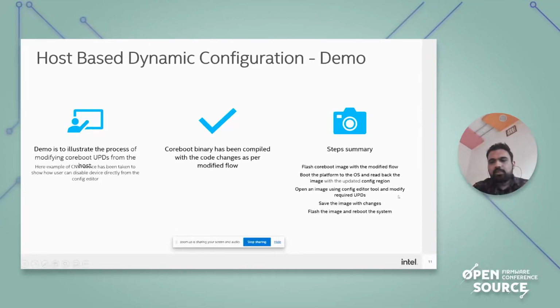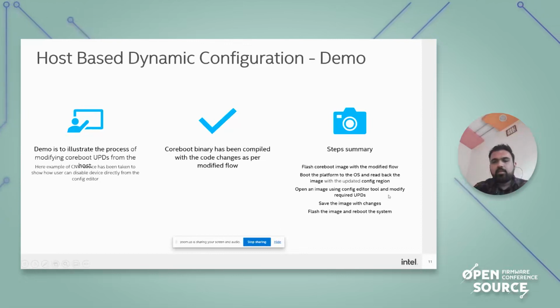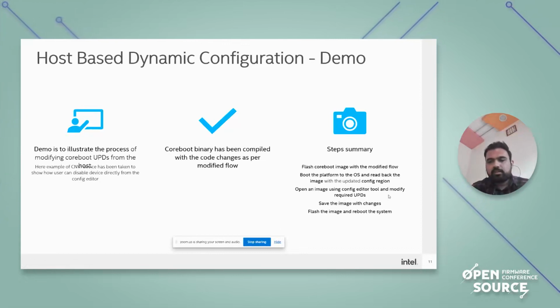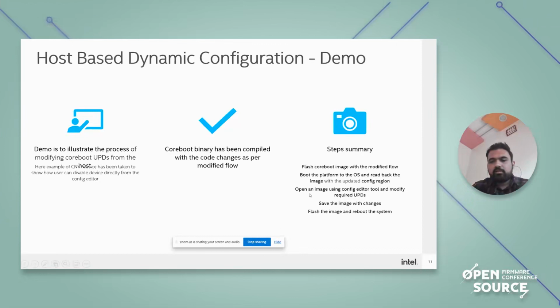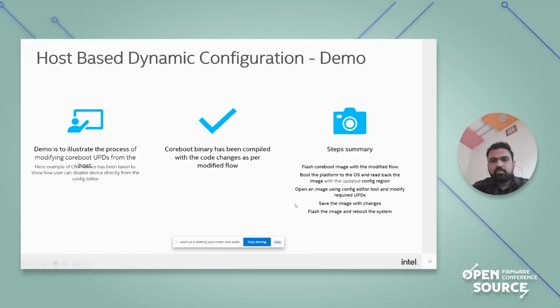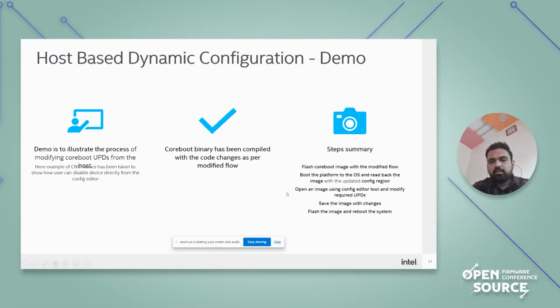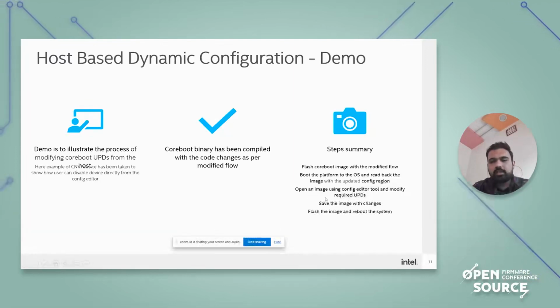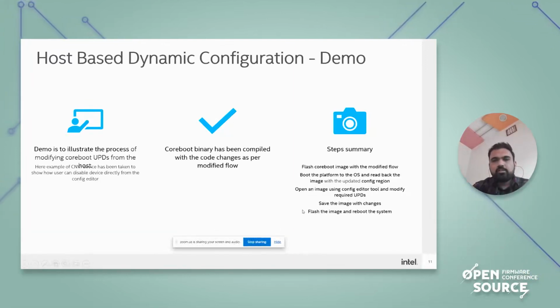One point here is that we need to have one fsp.bsf file, which is of the same version of the FSP with which coreboot has been compiled. So both should be in sync. Once you have that, it is very easy to modify any parameter or value using the config editor tool. And we just need to save the image, refresh it and reboot the system. So now we will play the demonstration.